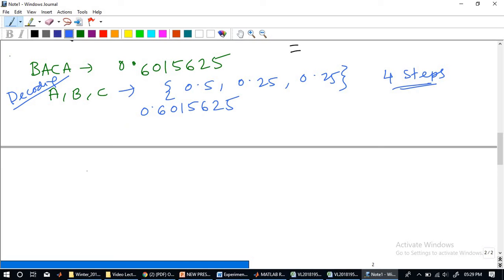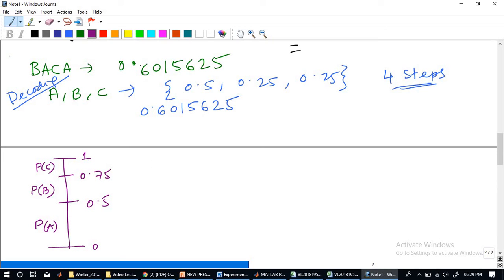What we have to do is first again rearrange the probabilities. So we will rearrange the probabilities. This is 0, 0.5, 0.75 and 1. This is P of A, P of B, P of C. This is pretty much known already.